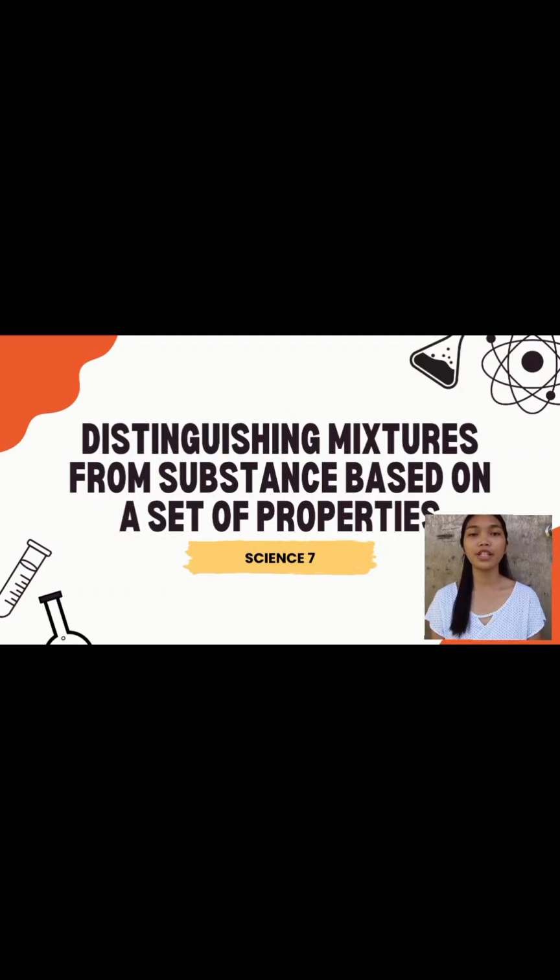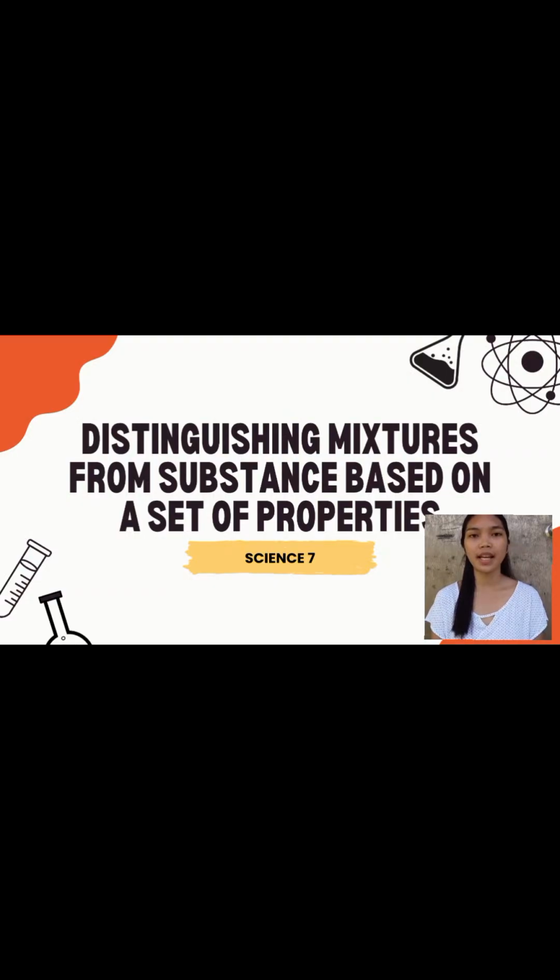After classifying each item, make sure to justify your answers. Explain why you think each item is a pure substance or a mixture. Use clues like appearance, uniformity, and the number of components.